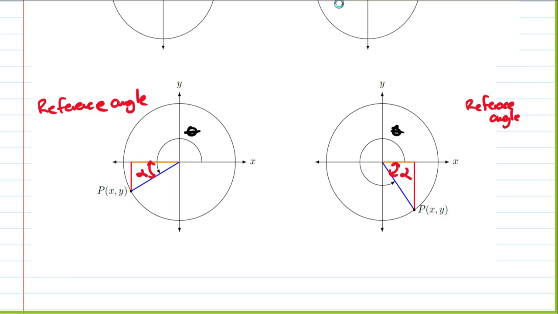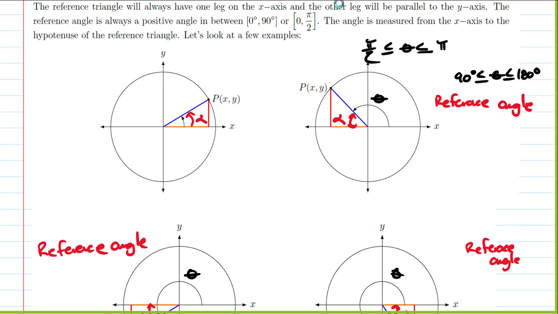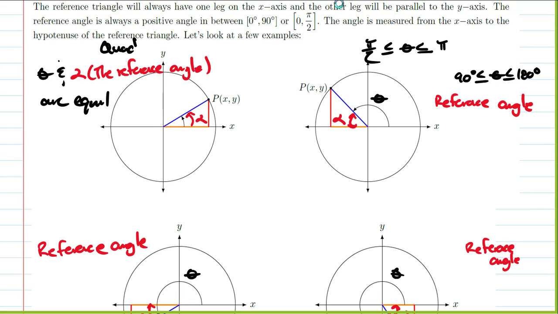All right, so let's come up with some explicit formulas for each of these. So in quadrant 1, theta and the reference angle are equal.